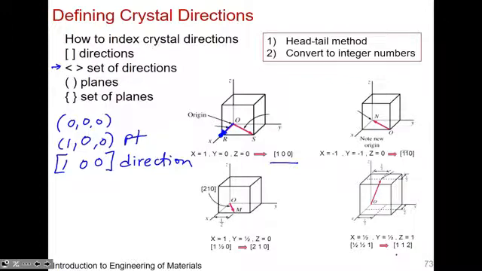So, okay, a more complex example would be something like this, okay? You start at 0, 0, 0, and if this is your unit cell, then this is 1, this is 1 in y, and this is 1 in z. So to get to this point in the crystallographic direction, you've gone half this way in x, half this way in y, and 1 up.